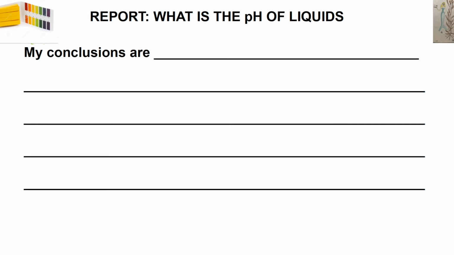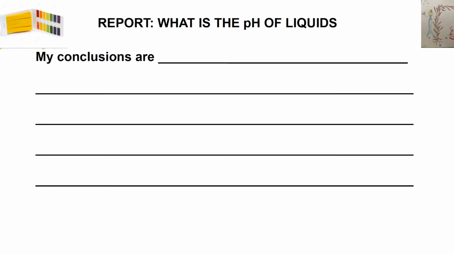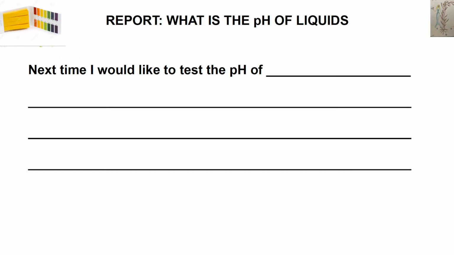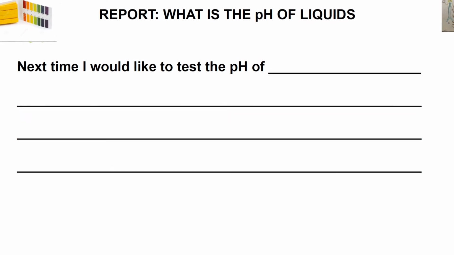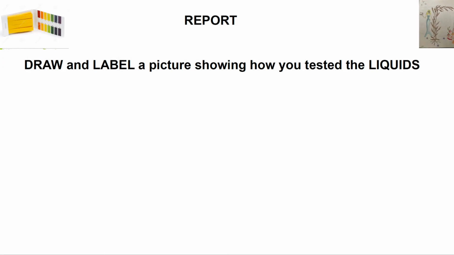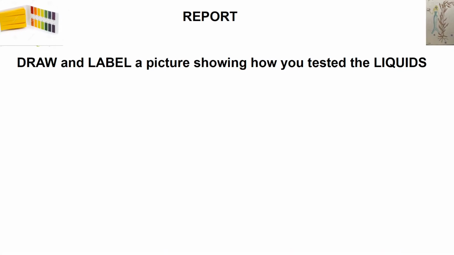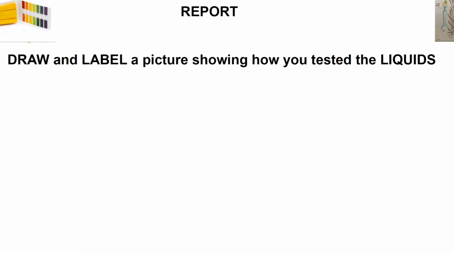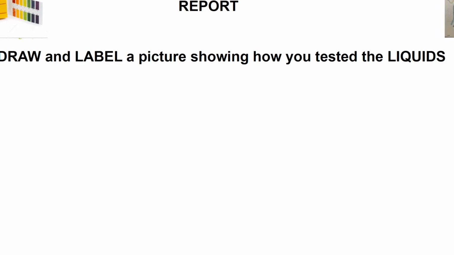Write your conclusions on this page, and if there's anything that you'd like to test the next time, write it here. Be sure to draw and label a picture showing how you tested the liquids that you chose.